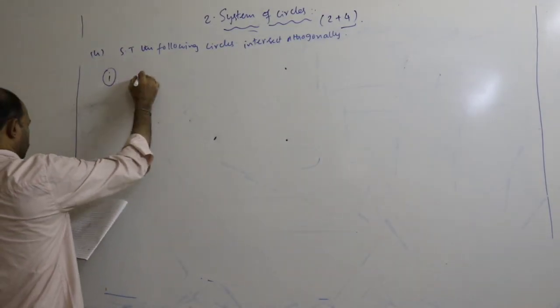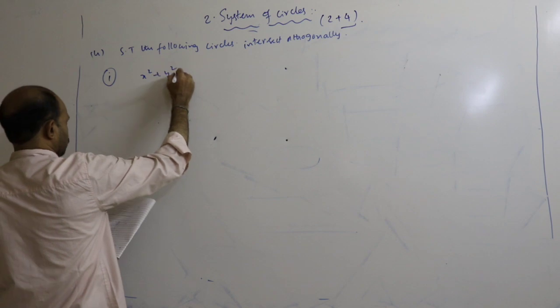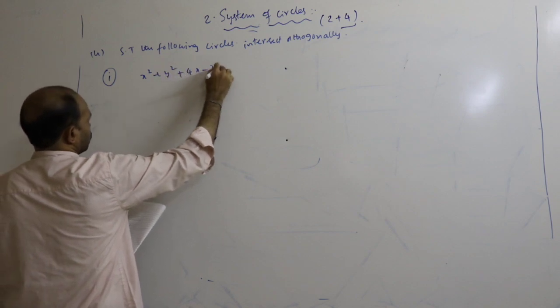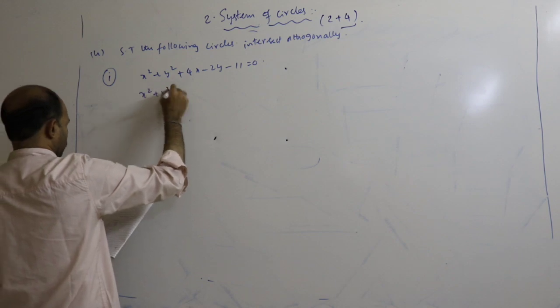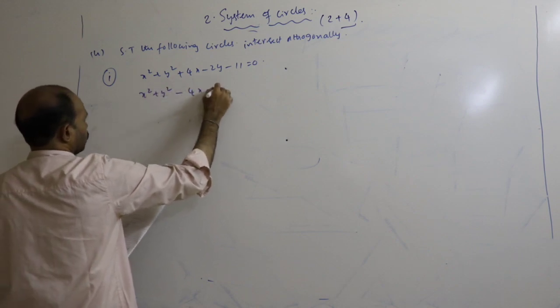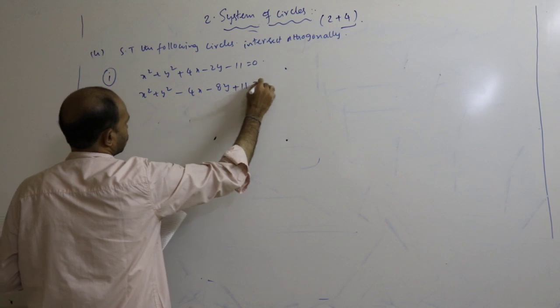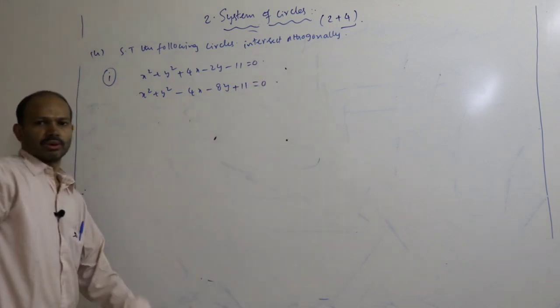First, x square plus y square plus 4x minus 2y minus 11 is equal to 0, and x square plus y square minus 4x minus 8y plus 11 is equal to 0.